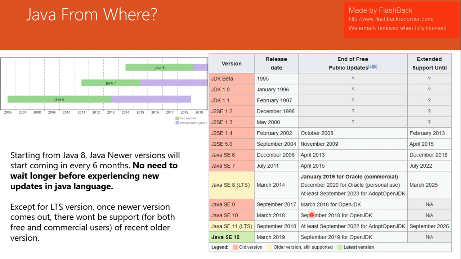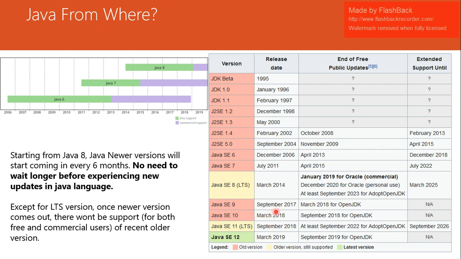So Java SE9 and Java SE10, although they came after Java SE8, are regarded as old versions of Java, and there is no longer support for them. They came September 2017 and March 2018 respectively. That's a 6 months interval.